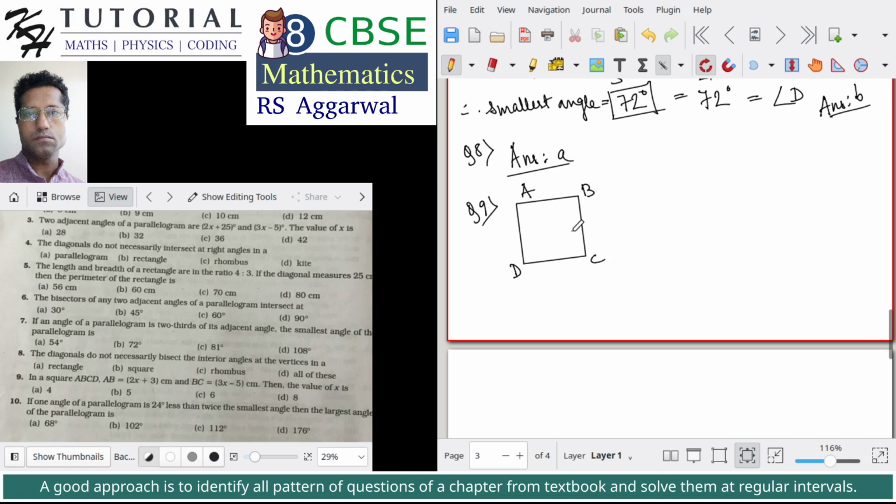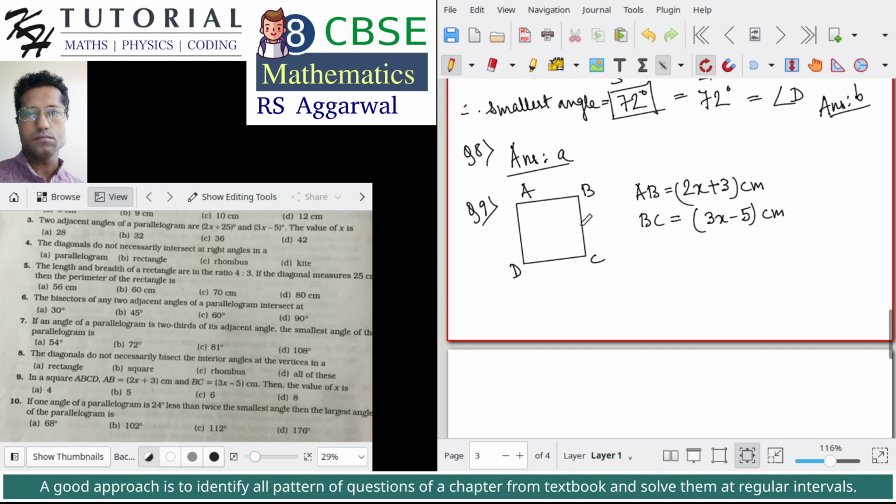It is given that AB is equal to 2x plus 3 centimeter, and BC is given to be 3x minus 5 centimeter. Then the value of x is, okay.